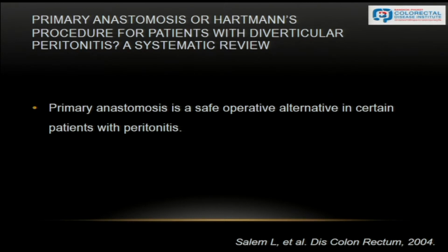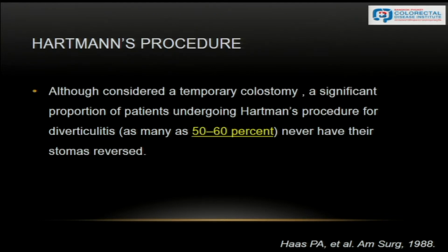So primary anastomosis seems to be safer for the patient, especially if we think about the second procedure, the Hartmann reversal, which would carry very high mortality and complications.